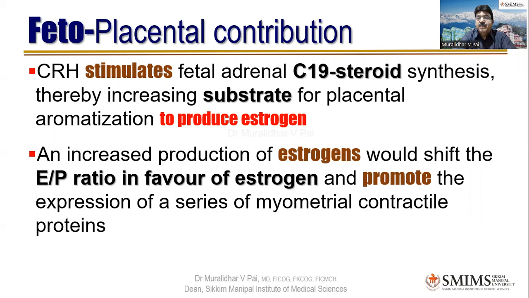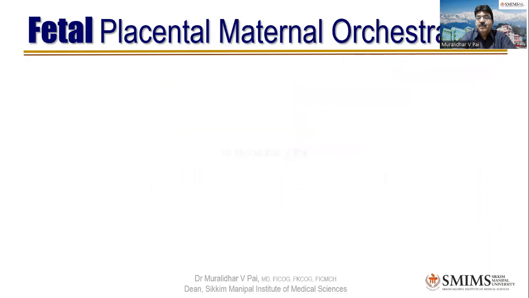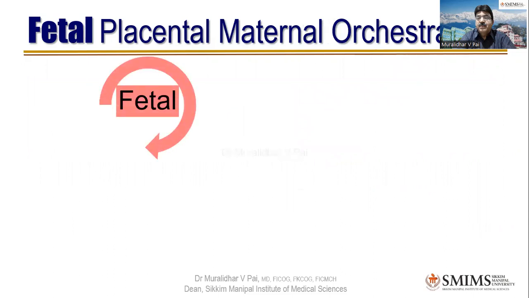Prostaglandins will make sure that the uterus gets excited, and it will make the uterus contract. And once the uterus contracts, the oxytocin which will be secreted will also help in accelerating the labor. Such a beautiful orchestra. Fetal placental maternal orchestra, that's why I've given this heading for this particular slide.